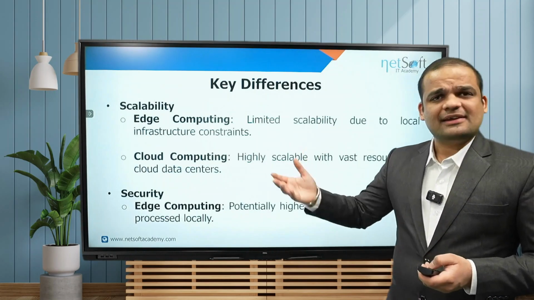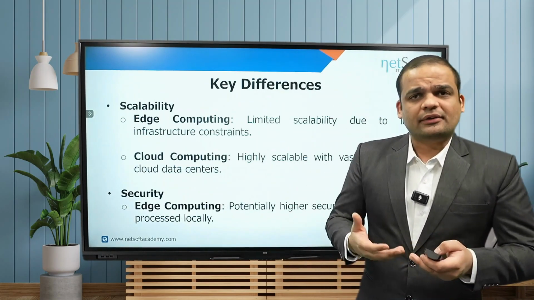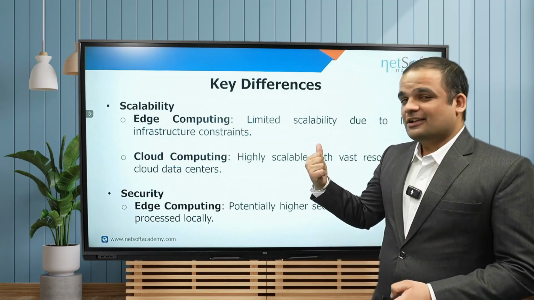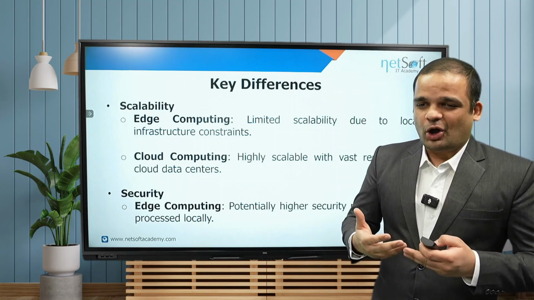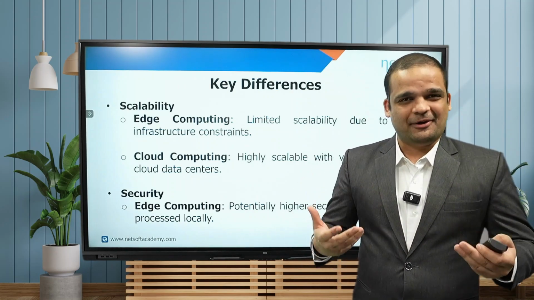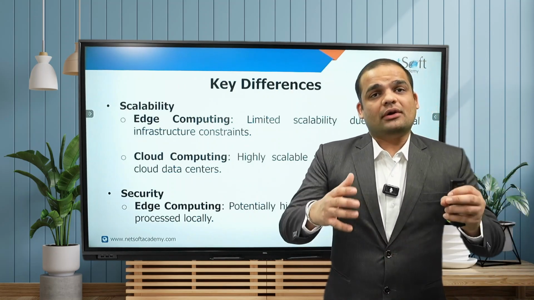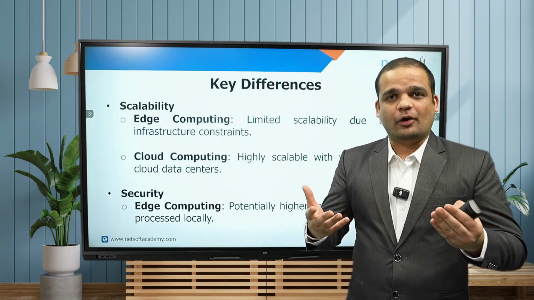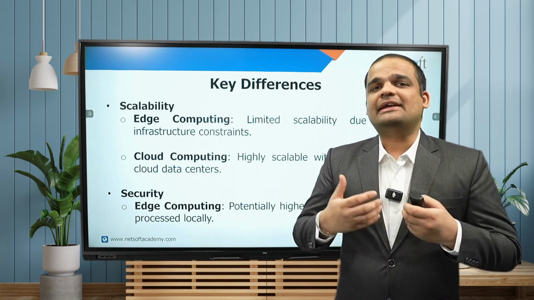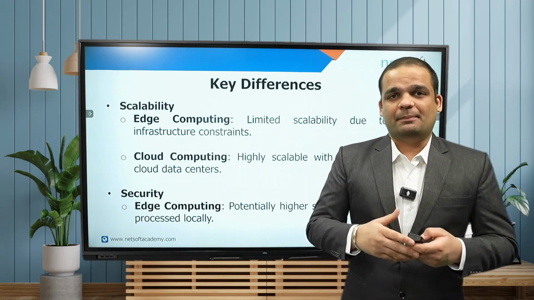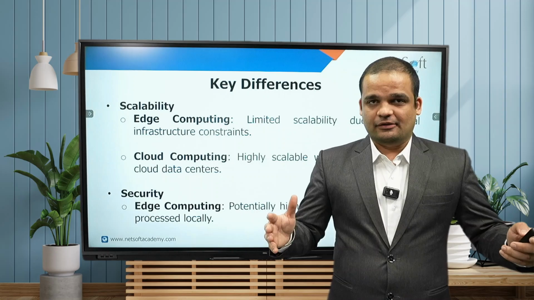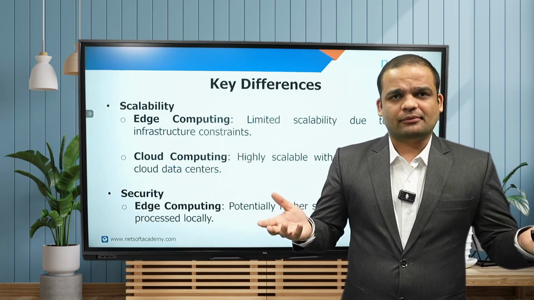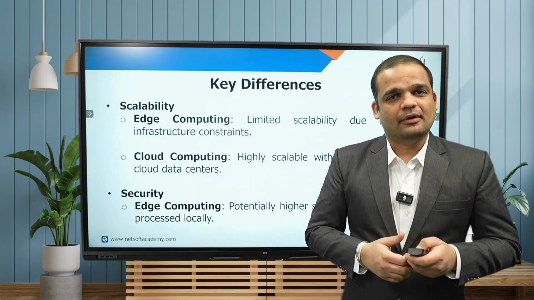Now, let's discuss scalability, which is where the cloud actually shines. This is what cloud platforms such as Amazon and Azure brag about. So, cloud computing platforms can easily scale up or down because they use massive data centers with virtually unlimited resource pools.